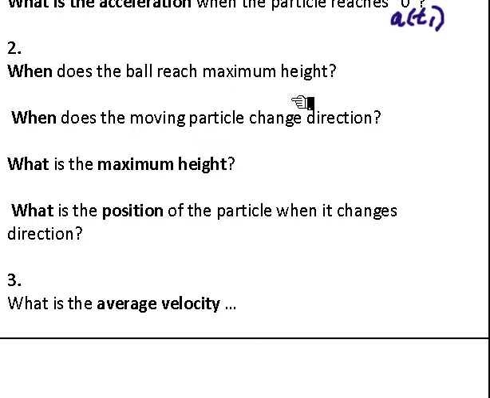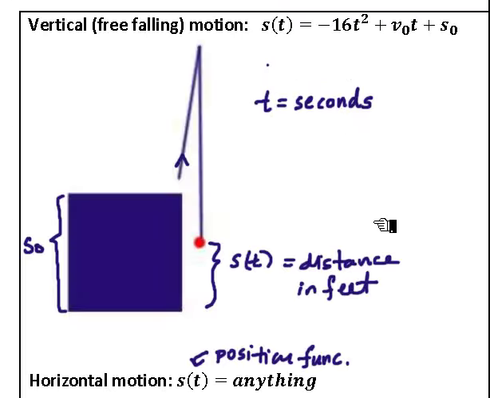Okay, here, when does the ball reach maximum height? If we go back to that picture that we had, the ball is going to go up and then down again. When the ball travels up, the velocity is positive, and when the ball travels down, the velocity is negative. So positive, negative, in between it must be zero.